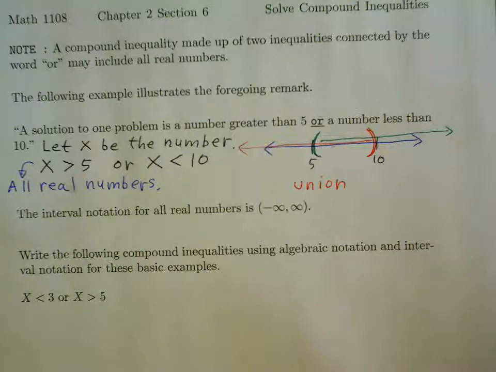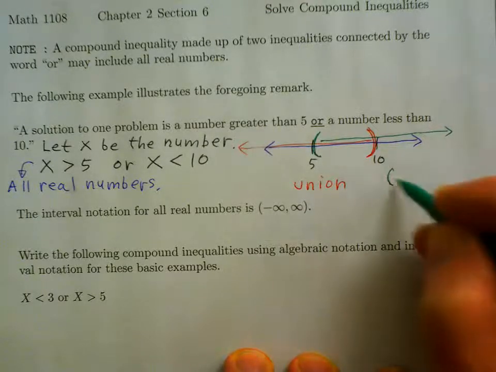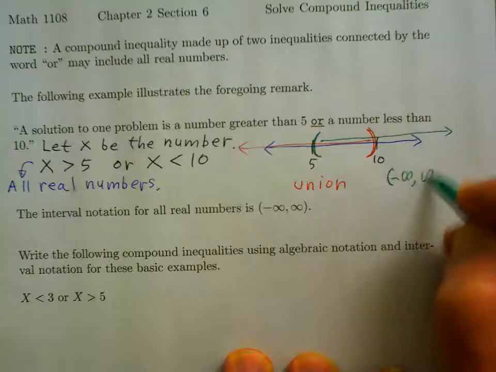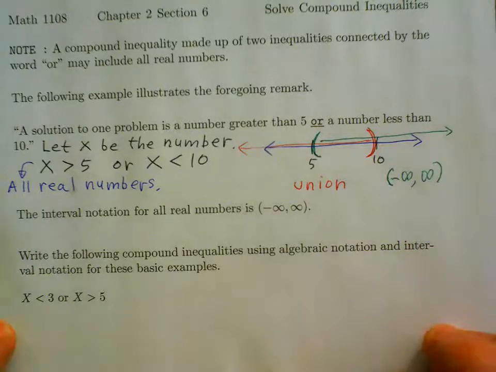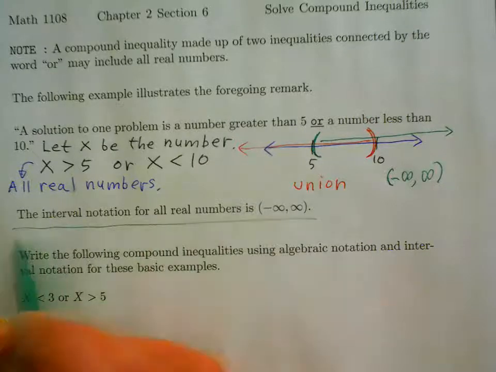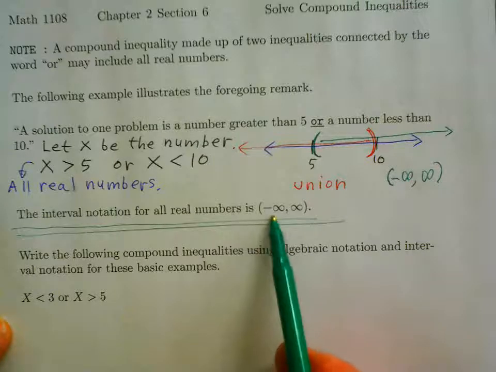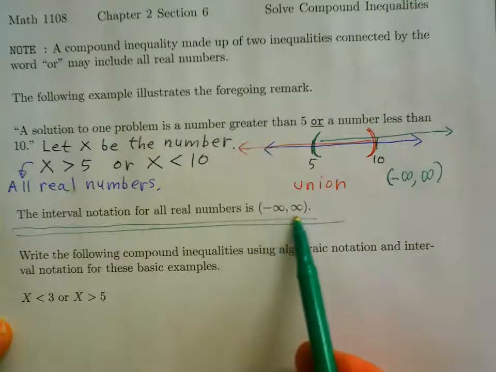The interval notation, though, for all real numbers is parenthesis negative infinity, comma, infinity. And that's what the next comment is. The interval notation for all real numbers is parenthesis negative infinity, comma, infinity.